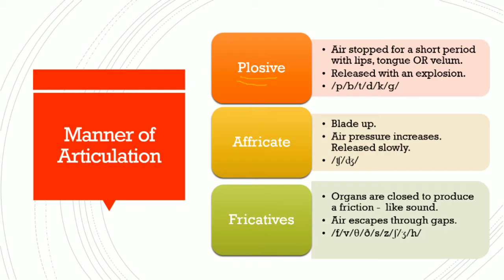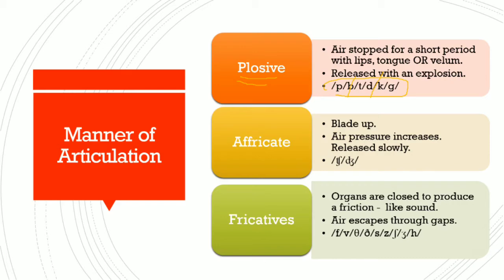For example, for the consonants p, b, t, d, k, g, you will see that the way in which the air goes out is an explosion. The difference between these three pairs is where they are produced. For example, p and b are produced with both lips, so the place of articulation is the lips.